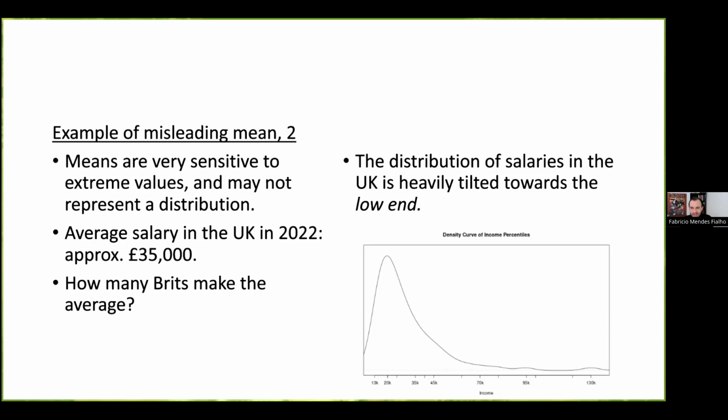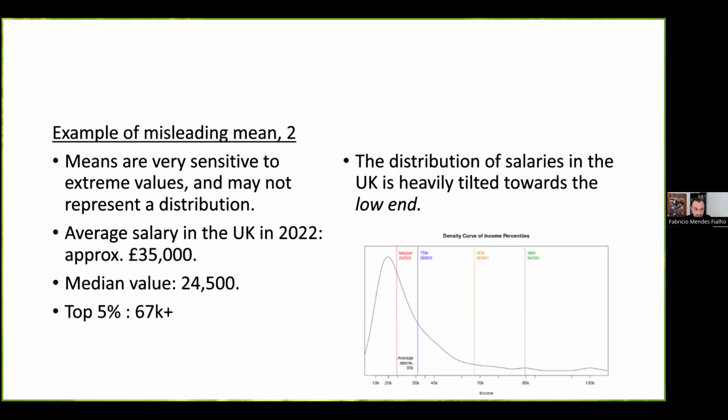Okay, so let's try to understand a little bit more what this distribution is telling us and whether or not this average salary of 35K per year is a good reference or a good summary measure of the total distribution of wages in the UK. I organized the numbers from the lowest to the highest to calculate the median value in the UK.